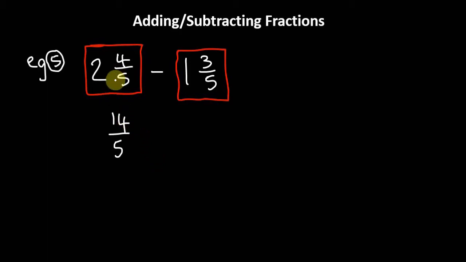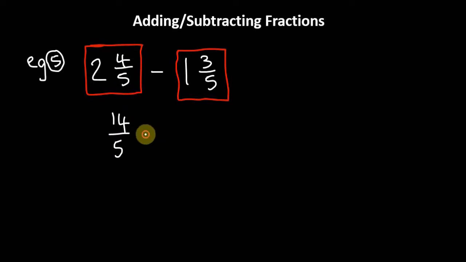Alright, but just to review the concept, in converting from mixed to improper, what we actually do is multiply the whole number here by the denominator, then add the result to the numerator, and that becomes the numerator for the improper fraction. So 2 times 5, that's 10, plus 4, that's 14. And we keep the denominator that is here.